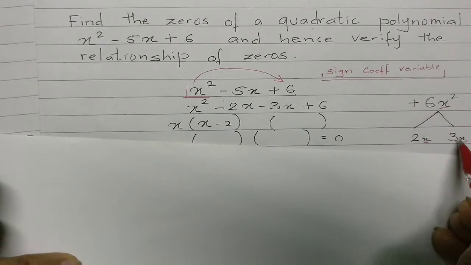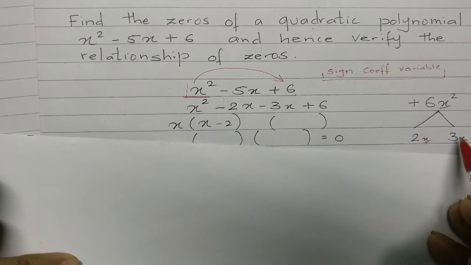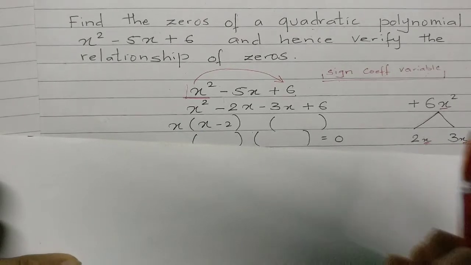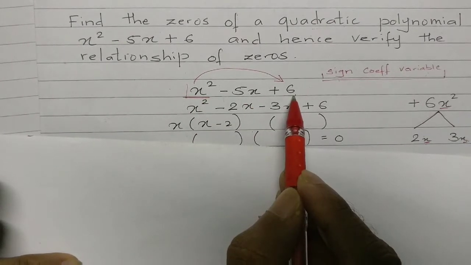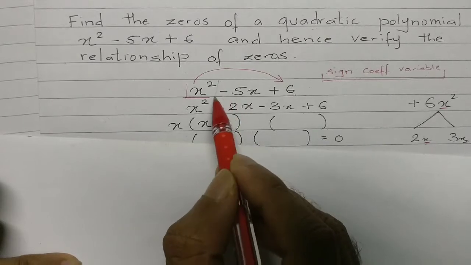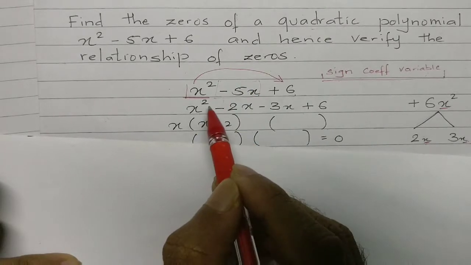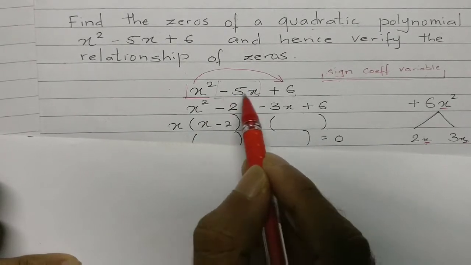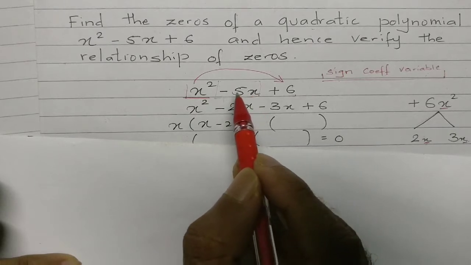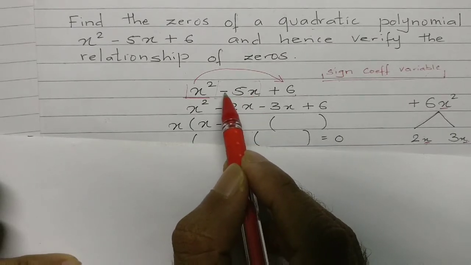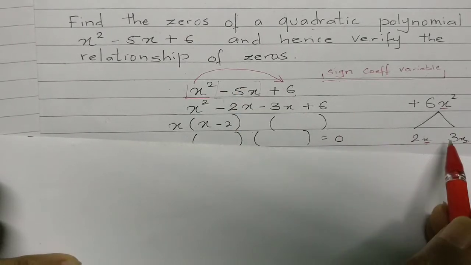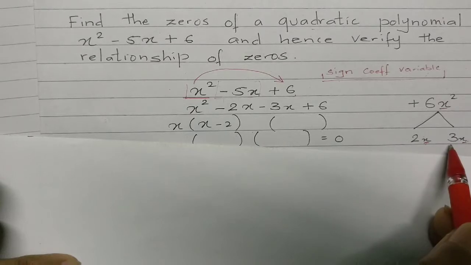Now I need to give some signs to these. Those signs will depend on this main equation. So you look at the middle term, and whatever this middle term sign is, over here it is negative, go and give it to the bigger number that you have written over here.